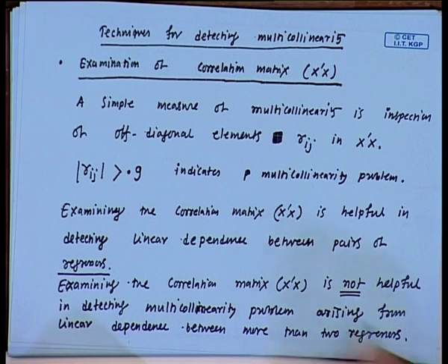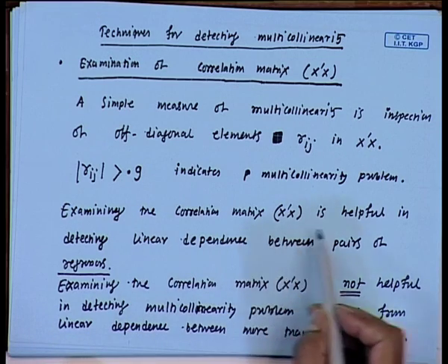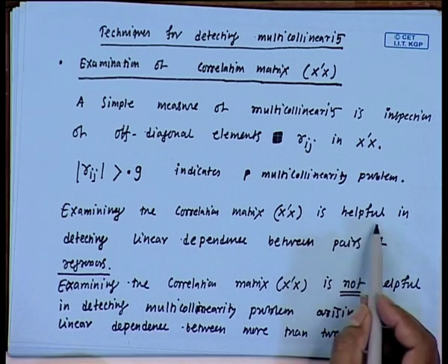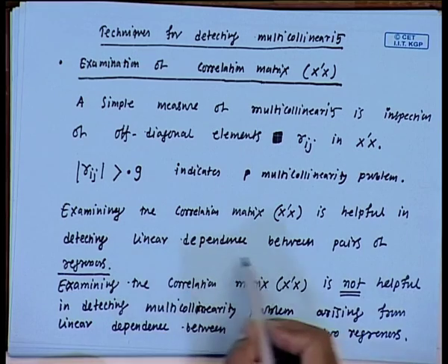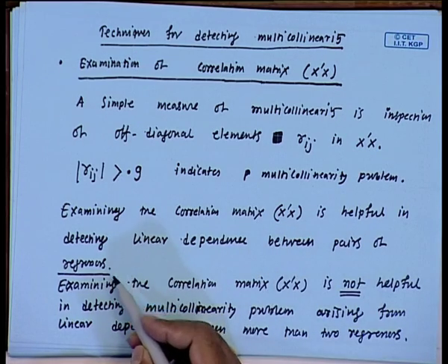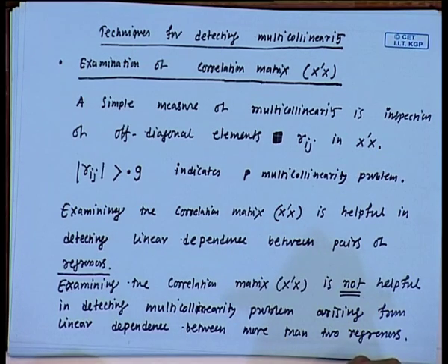Let me explain what I wrote here. It says that examining the correlation matrix is helpful in detecting linear dependence between pairs of regressors, but the same is not helpful in detecting multicollinearity problem arising from linear dependence between more than two regressors.